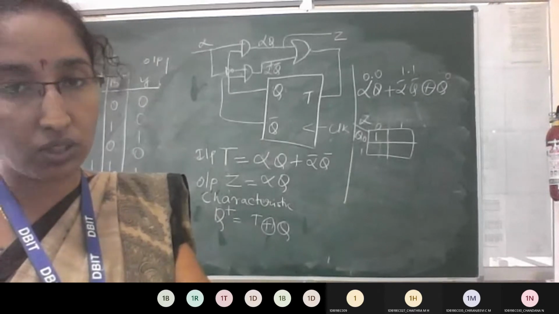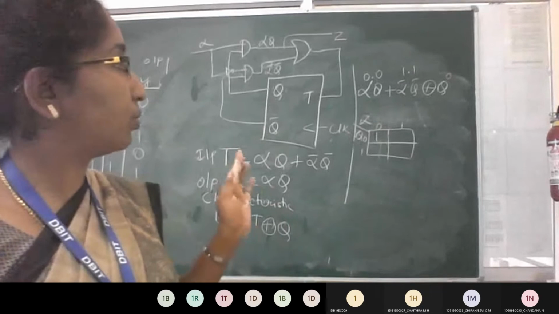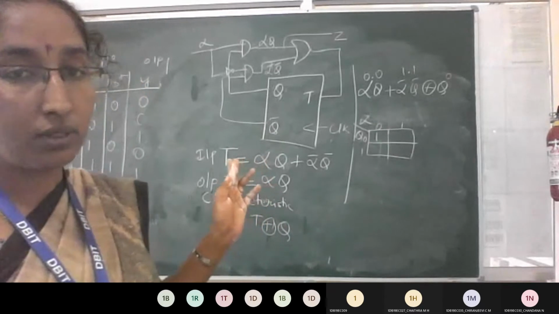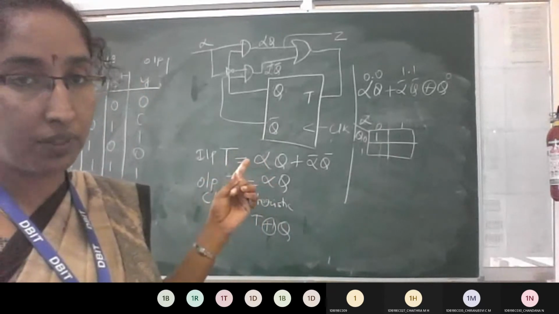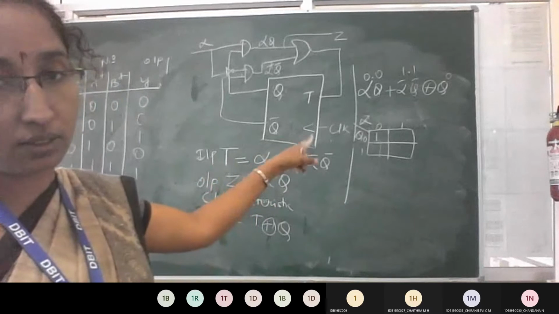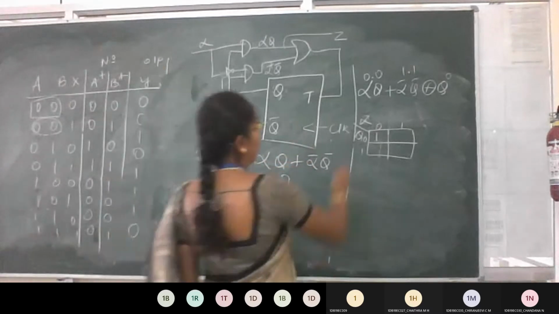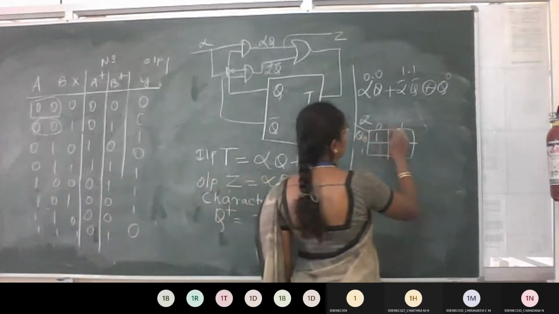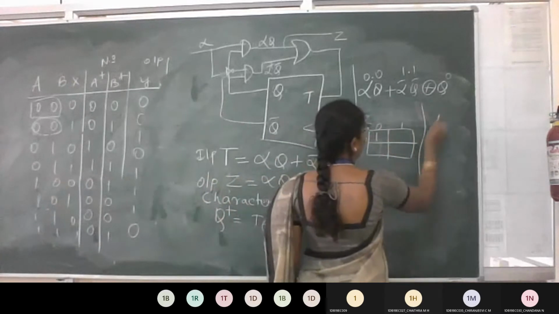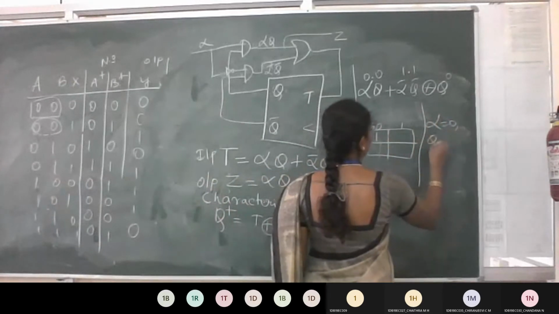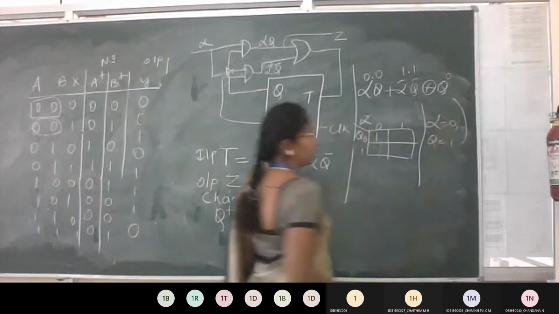I'll repeat it. You need to substitute the alpha value and Q value into that expression, then fill the cells. Similarly, alpha 0, Q 1: you substitute into this expression.